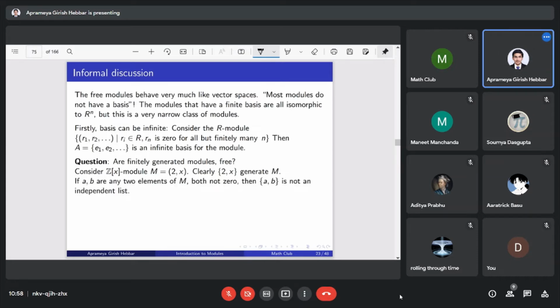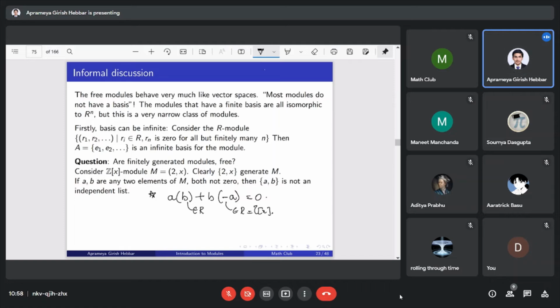But now, if you have A and B, any two nonzero elements, then {A, B} cannot be an independent set. Why? Because you multiply A by B, and you multiply B by minus A, and you'll get 0. So you have a non-trivial relation between these two elements, where the coefficients belong to the ring Z[x].